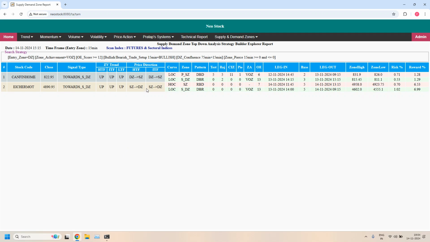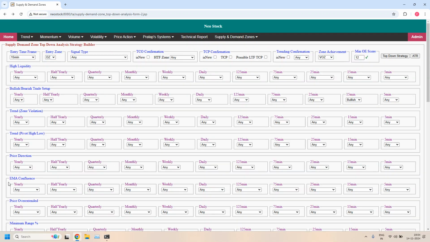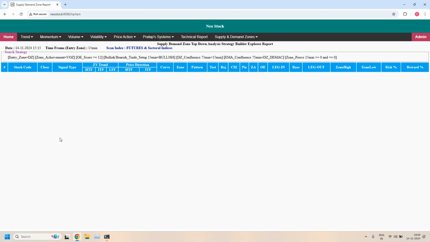If the 75 minutes demand zone is having daily EMA confluence, it is an even more high probability setup. Let's verify. In the EMA confluence, 75 minutes time frame, 75 minutes demand zone with daily EMA confluence, because the 75 minutes trend is uptrend. None of those stocks are having EMA confluence, no problem.